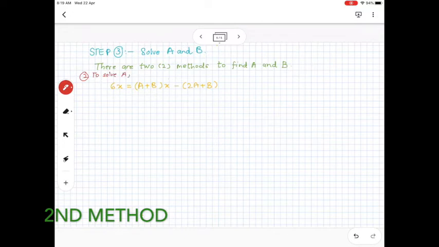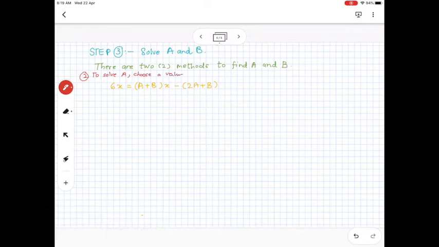In the second method, when you want to solve for a, you need to choose the appropriate value of x so that b will be eliminated.